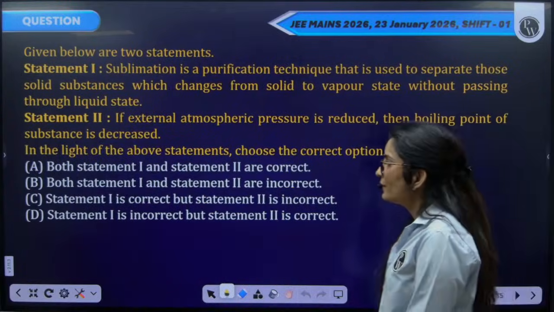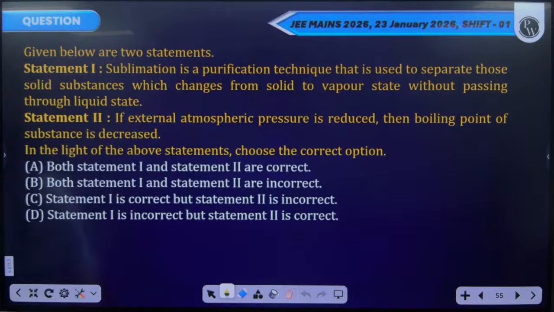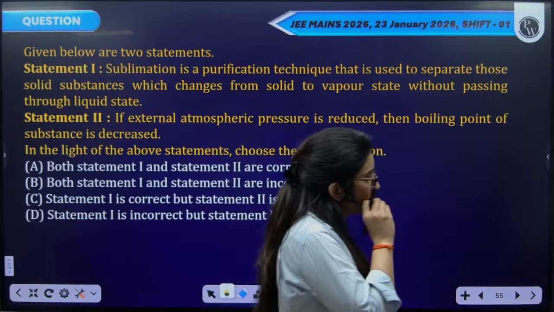Next, you can see given below are two statements. Just have a look at the statements mentioned here.